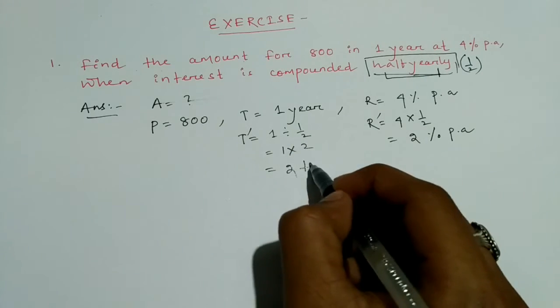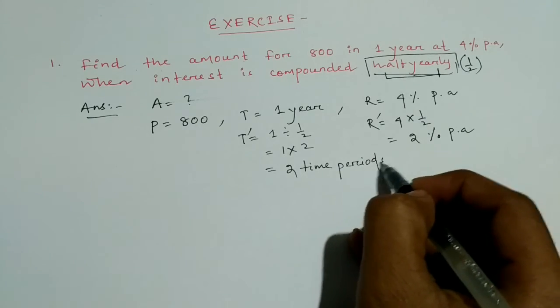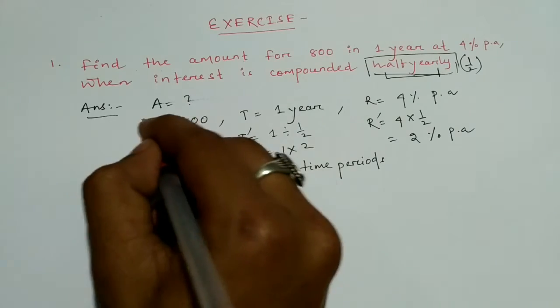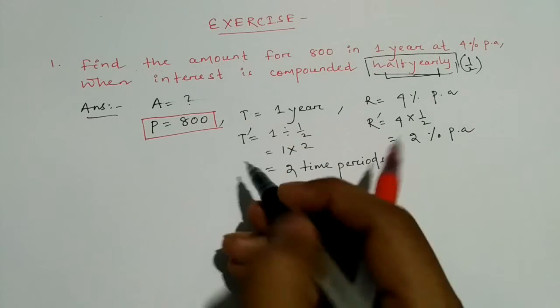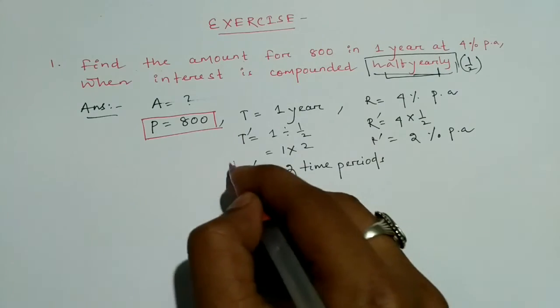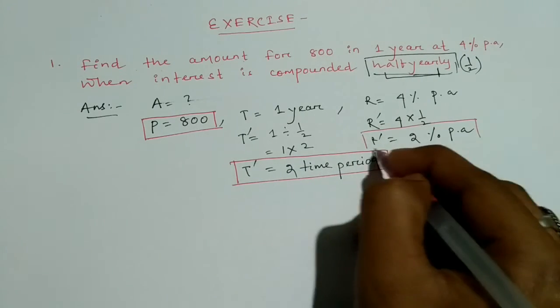That is 2 time periods. Not 2 years, this is 2 time periods. So we got P equal to 800, T dash equal to 2 time periods, and R dash equal to 2% per annum.